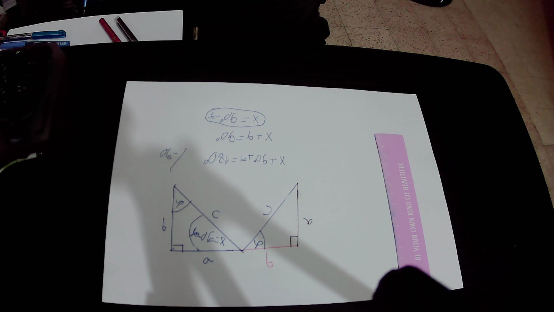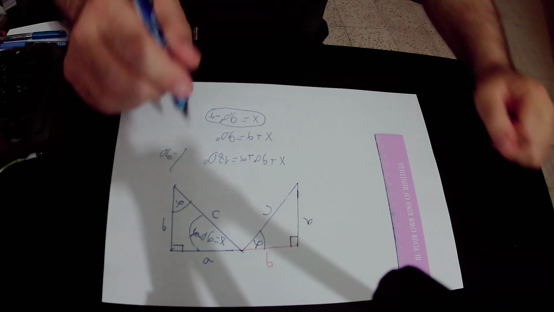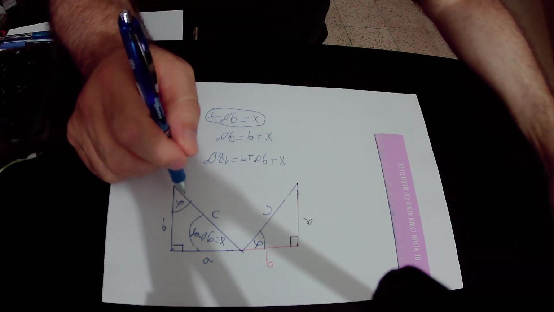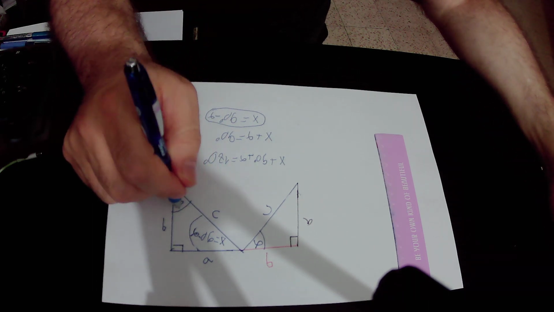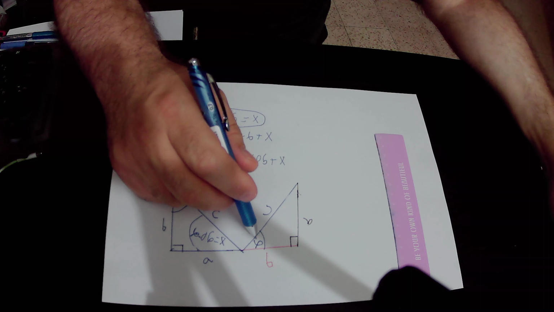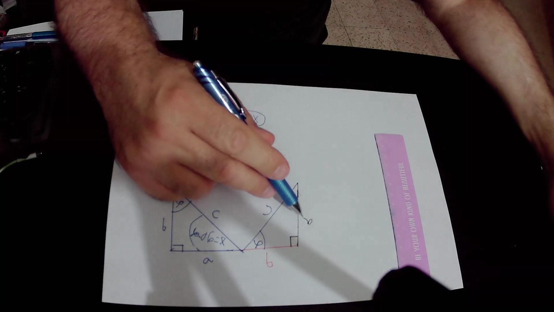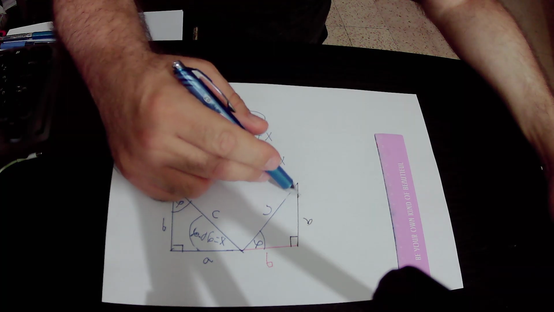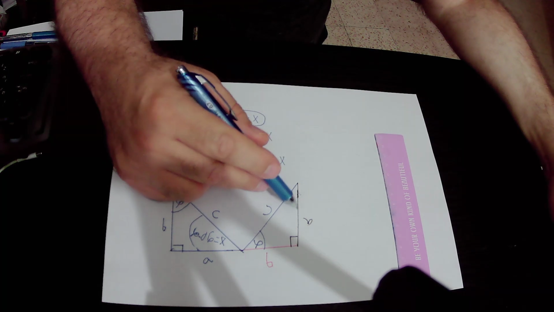Okay, the angle in front of A is alpha here, so it must be alpha here, because it is in front of side A.